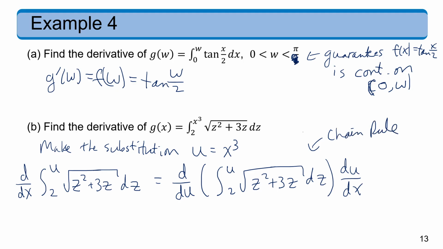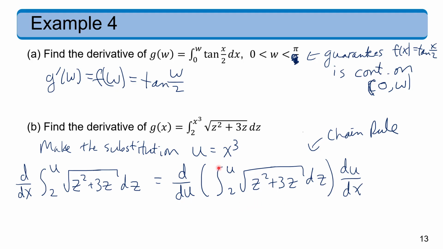Now notice this expression here. We have an integral from a constant to a variable u of some function, and we're taking the derivative with respect to that same variable that's in the right endpoint. We can apply the fundamental theorem to this derivative.